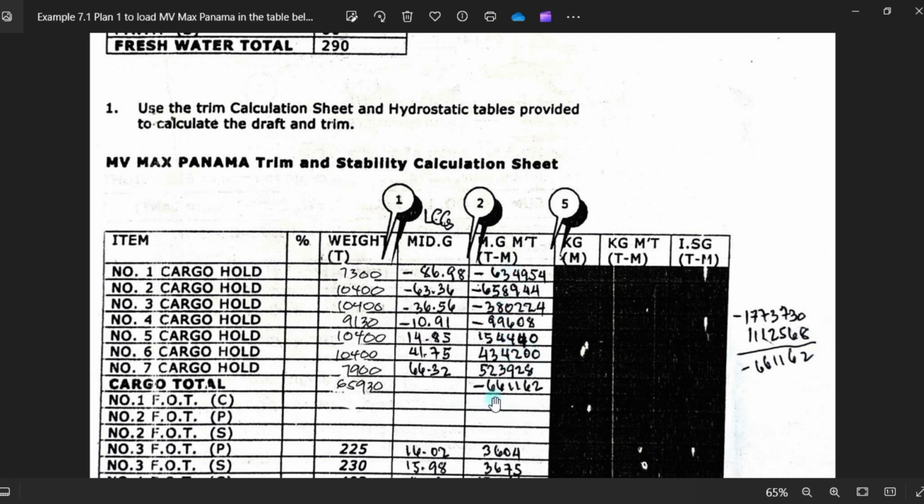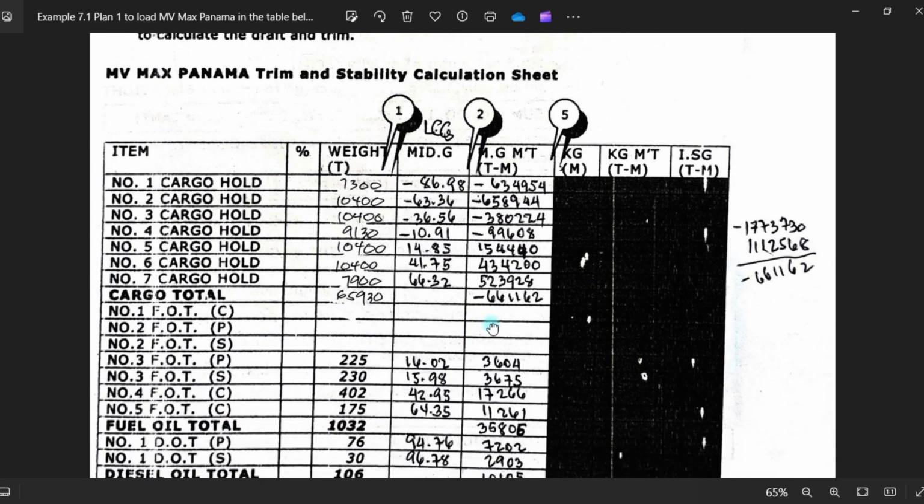And this is the resultant of the longitudinal moments, where you have the total negative minus the total positive, then you have the value of negative 661,162, which is this one.